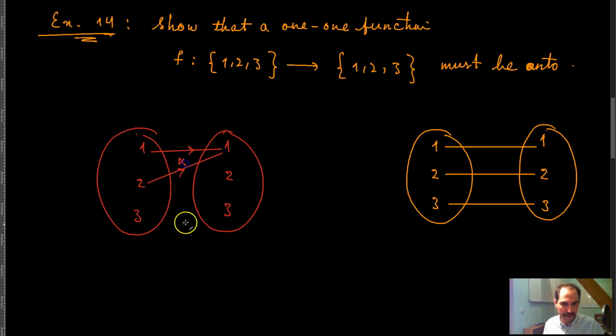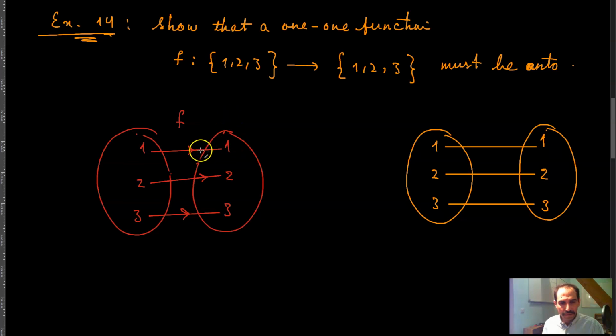That cannot exist because the function is one-to-one. If 1 has been mapped to from the domain, then no other element can be mapped to that element anymore. And then 2 has to map to, for example, either 2 or 3. So let's suppose that 2 is mapped to 2 and 3 is mapped to 3 under f.